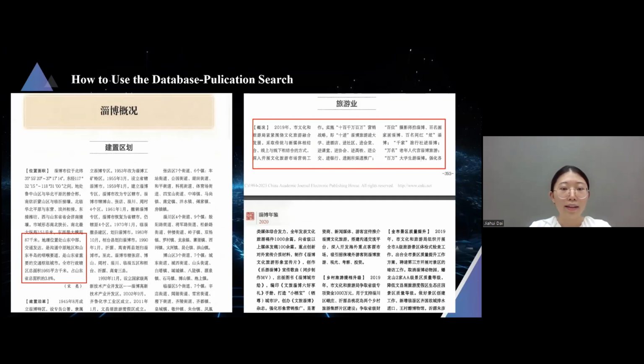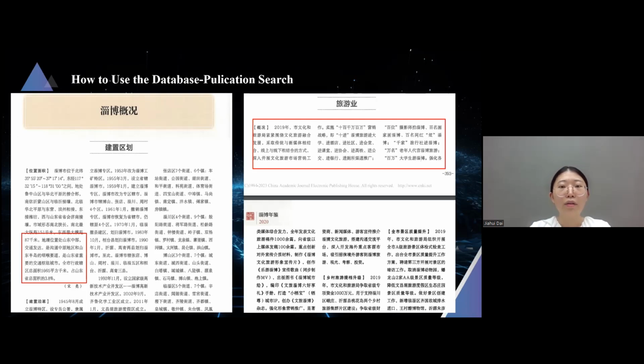Zibo is located in the central part of Shandong province, with convenient transportation, and is an important place connecting the Central Plains and Shandong Peninsula. The total administrative area of the city is 5,965 square kilometers, accounting for 3.8% of the total area of Shandong province.